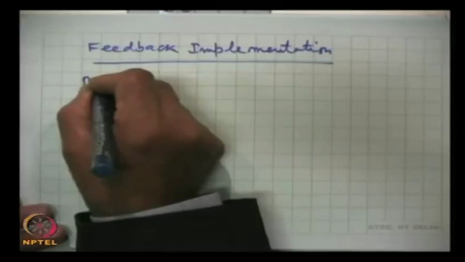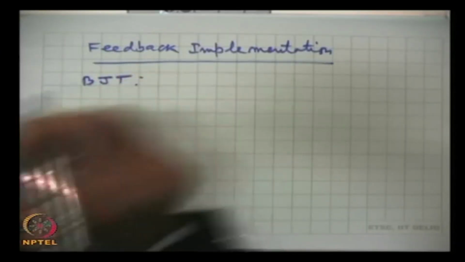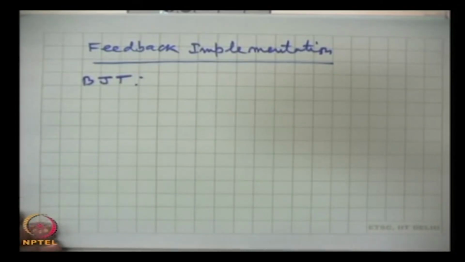First, I take two examples from the BJT, from the bipolar transistor. These two circuits we have talked about earlier, and I am sure you must have noticed that I have used even there the word feedback. One is this example.